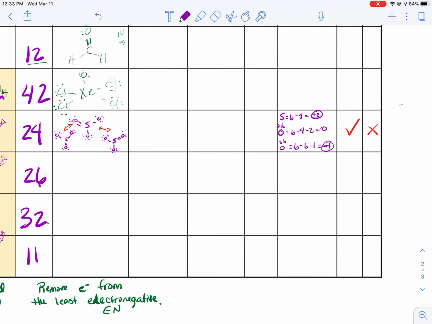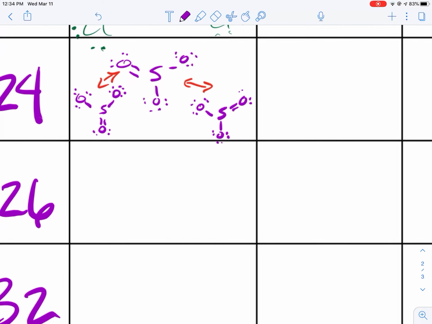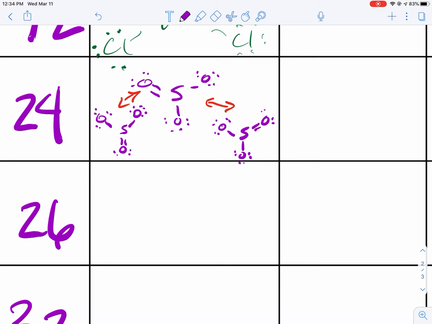Okay, before I start putting in the pluses and minuses, this is a case where formal charge will fix the molecule because sulfur can have more than 8. Here's how you fix something with formal charge. If it can have more than 8, we take a pair of electrons, this pair right here, and instead of having them there, I move them so that they're being donated to the bond.